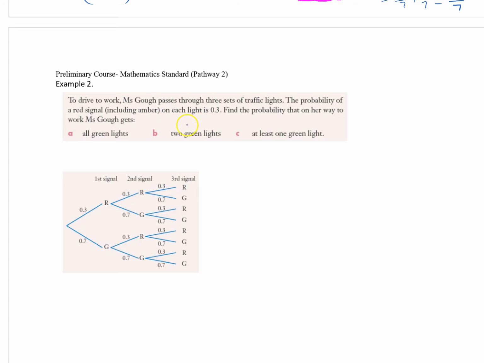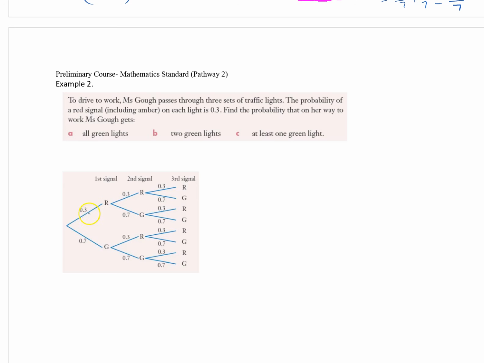Now, we would have to be given that information. There's no way we're expected to know that. So this is a given piece of information. So we're saying the light is either red or, I guess, not red. In the probability tree, they've chosen to call it green. I guess that's correct because red is including amber.